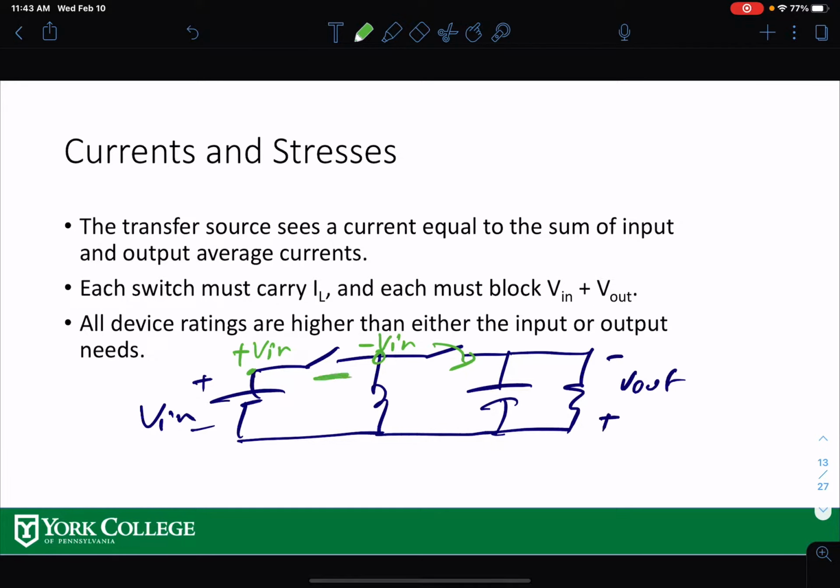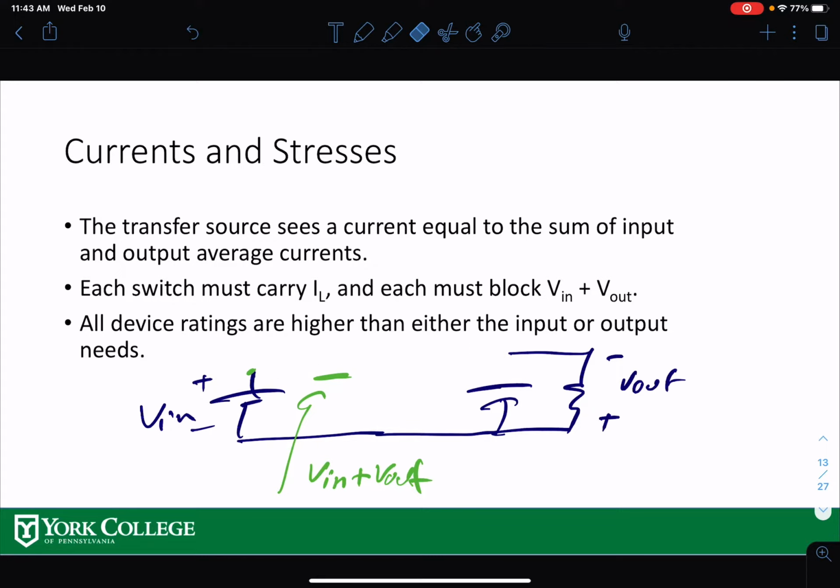So that switch needs to be rated for the voltage across the switch, which is now V in plus V out. This is the V out. So when it's off, across the switch you have V in plus V out, right? So that's that.